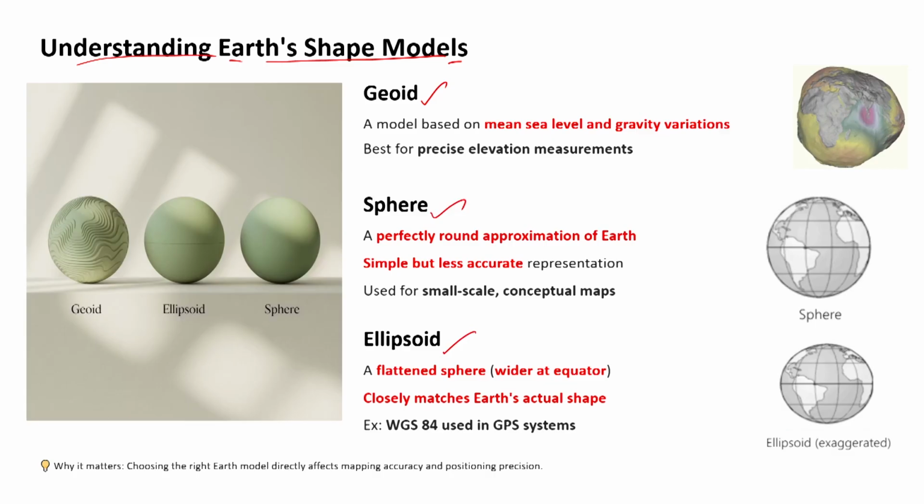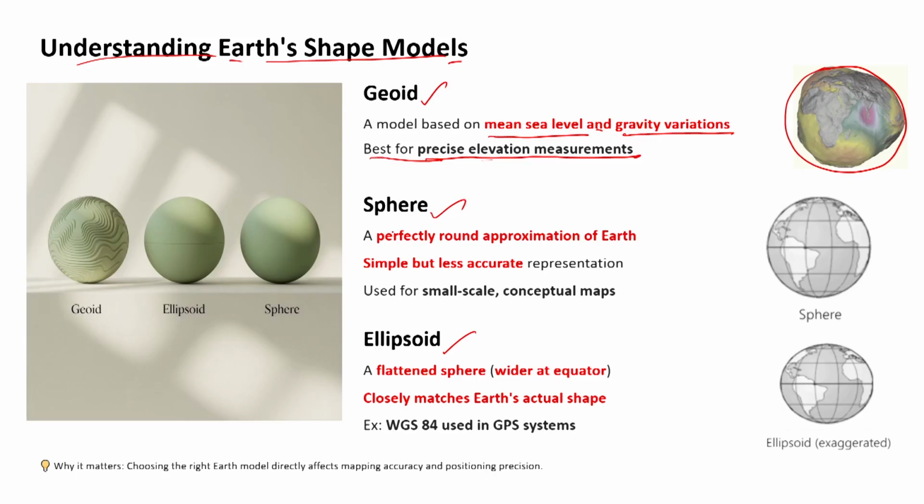Geoid is the shape of the earth modeled on mean sea level and gravity variance. If you are looking for precise output in terms of elevation measurement, the geoid needs to be considered.